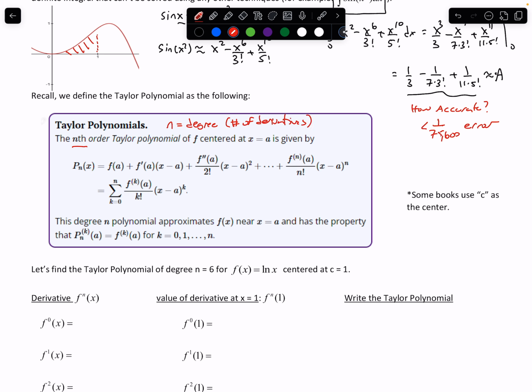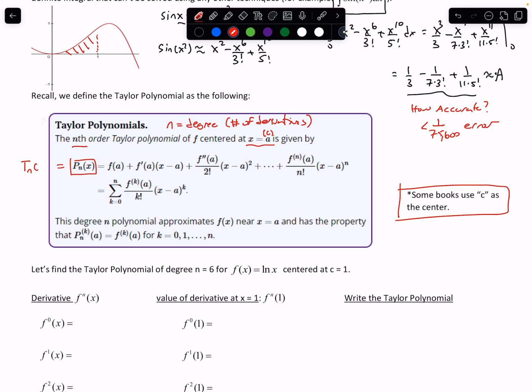Be careful, sometimes people think it's the number of terms. Nope, nope, nope. n is just the degree of the polynomial, given at a center x equals a. Sometimes we'll use the letter c in some books for the center. And we have this P sub n of x. This is just saying this is a Taylor polynomial of degree n.